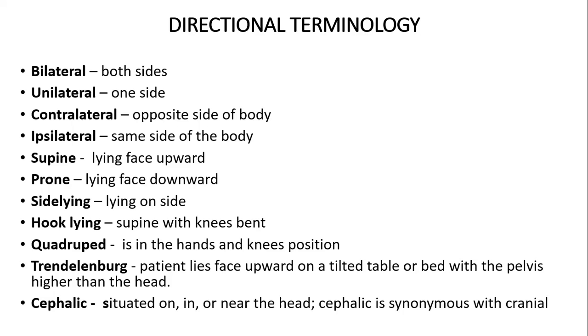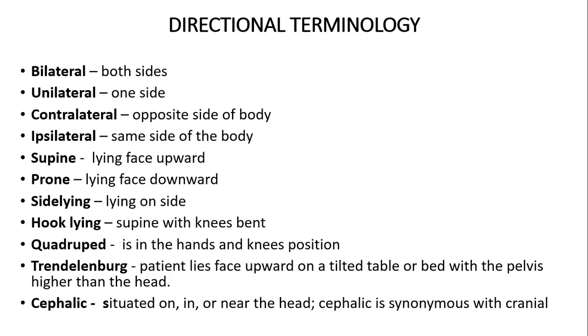So you're going to have to understand what muscles do what, and if there are muscles on both sides that work together, they're probably going to do some different things. So bilateral means both sides, unilateral means one side.